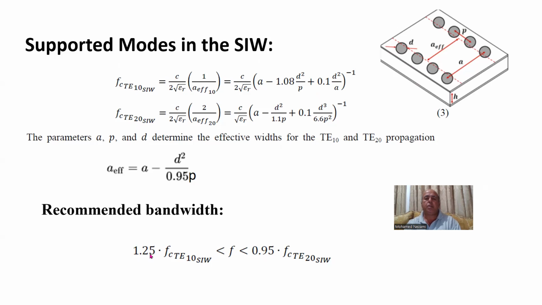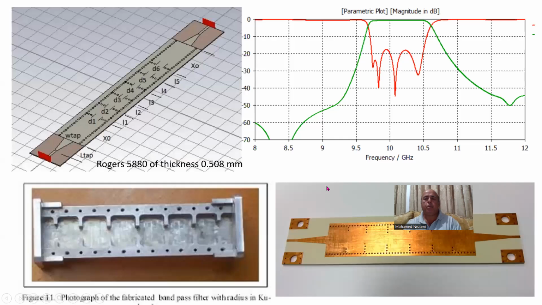That's the first thing you would want to do when designing a device using SIW technology: make sure that you're within the bandwidth, otherwise you excite higher order modes. The effective width is given by this equation, which is also being introduced.